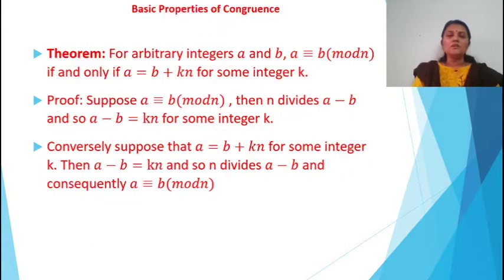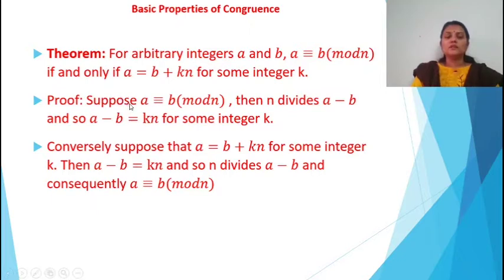Now we have some theorems, properties of congruence. The first one is: for arbitrary integers a and b, a is congruent to b mod n if and only if a equals b plus kn for some integer k. Here we are using the definition of congruence only.